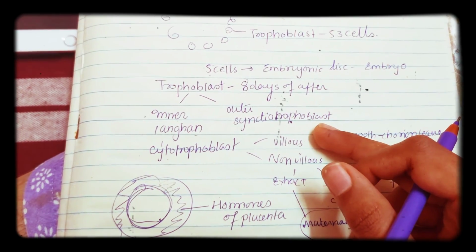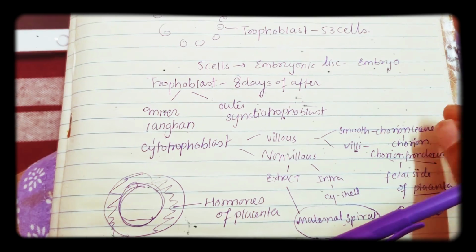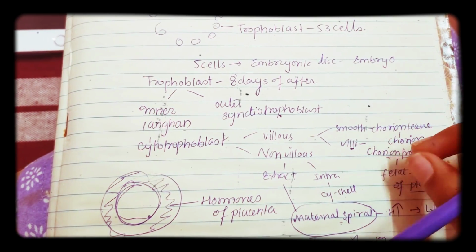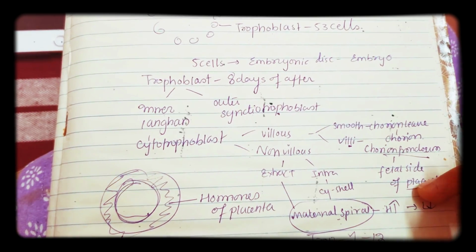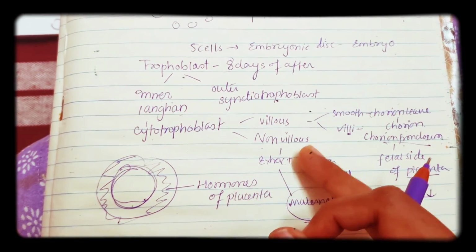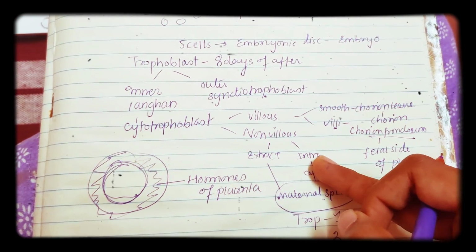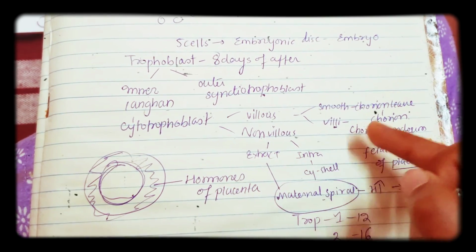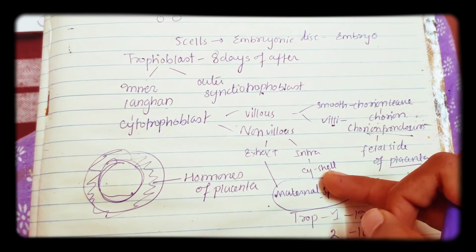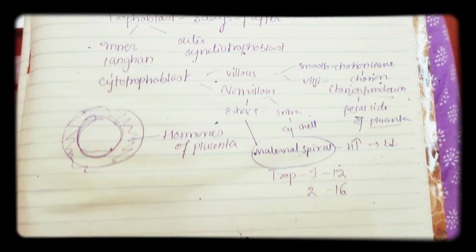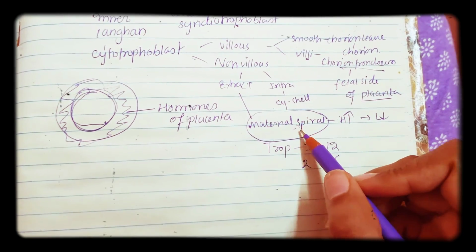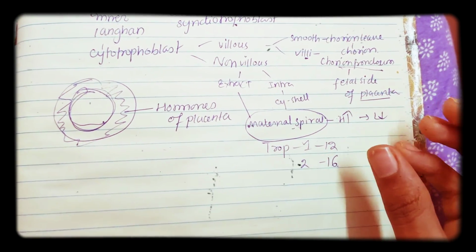The villus type is again divided into the smooth layer chorion laeve, and the villus type chorion frondosum on the fetal side of the placenta. The non-villus type is divided into extravascular cytotrophoblast and intravascular cytotrophoblast. Intravascular will form the cytotrophoblast shell, whereas extravascular will replace the maternal spiral vessels from high resistance to low resistance.